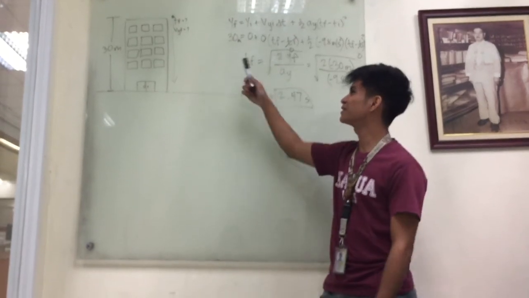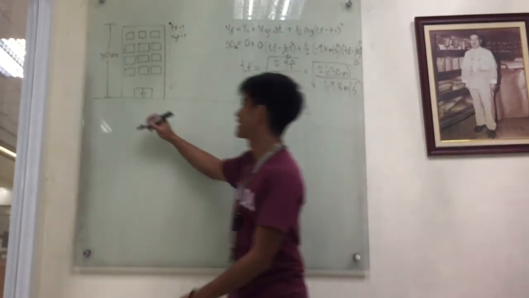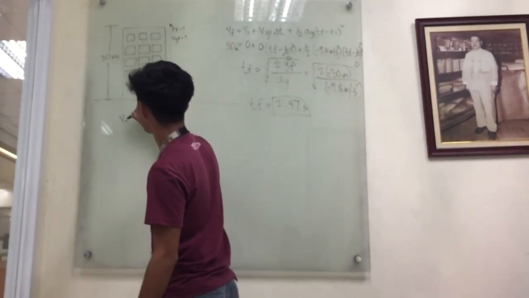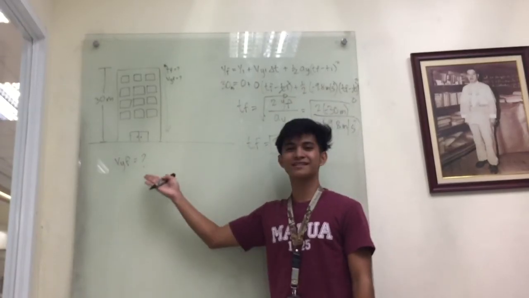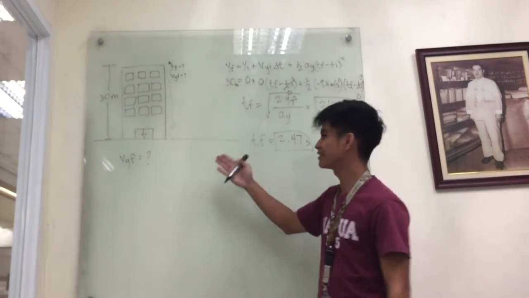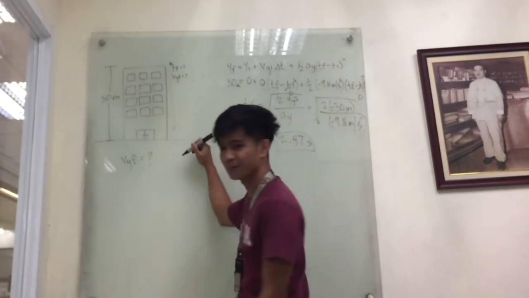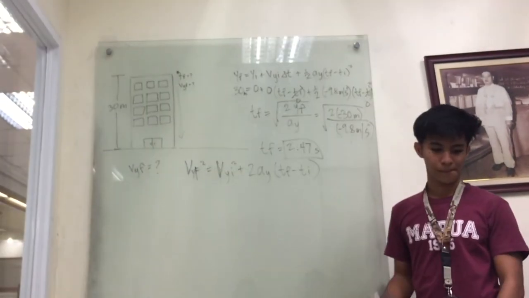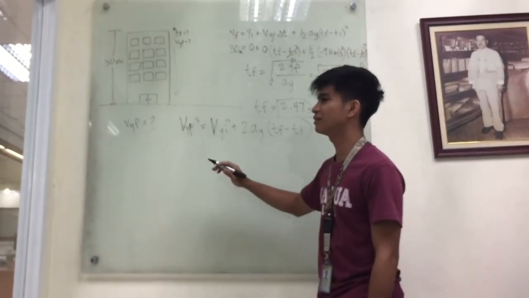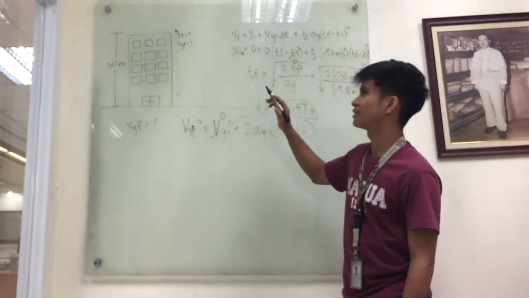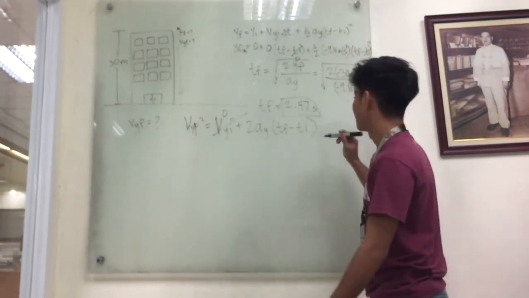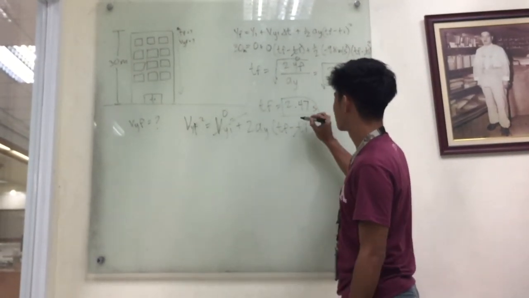Next, we'll be finding the speed of the stone at impact, which is VYF. And with this unknown, we'll be using this kinematic equation. Since our initial speed is 0 because the stone is at rest initially, and our initial time would also be 0.